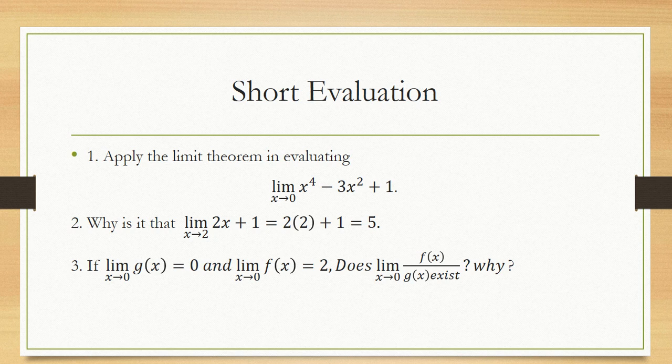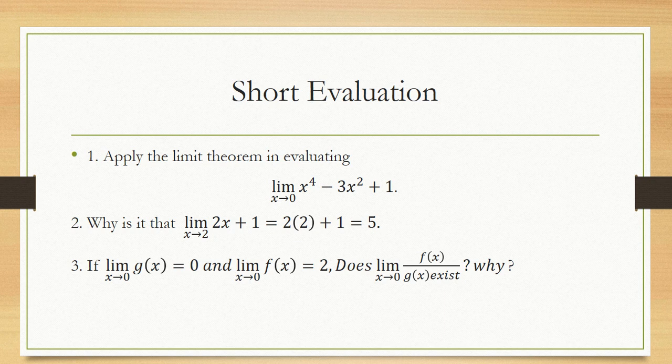And by substitution, as x goes to 2 from the right, and x goes to 2 from the left, since isa lang ang ating function, then you have 2 times 2 plus 1, that is 5. So that's why the limit of 2x plus 1 as x goes to 2 is 5, because it holds from the left and from the right. And the limit of 2x as x goes to 2 plus the limit of 1 as x goes to 2 is equals to 4 plus 1, that is 5.